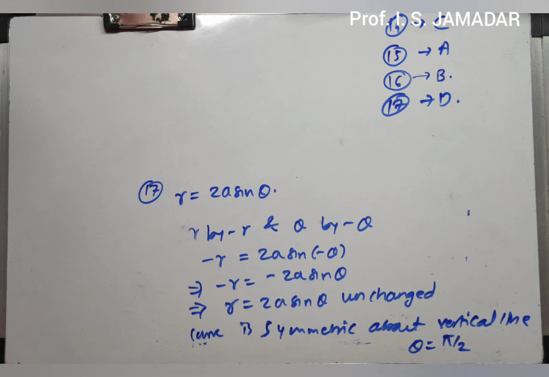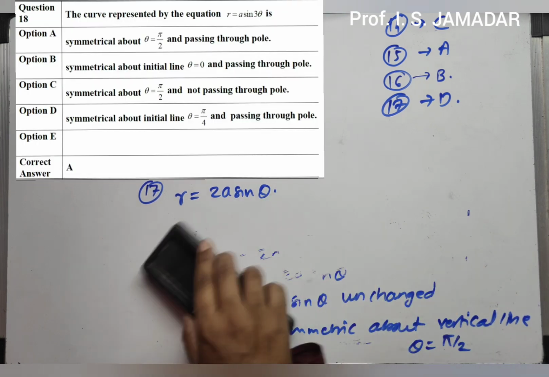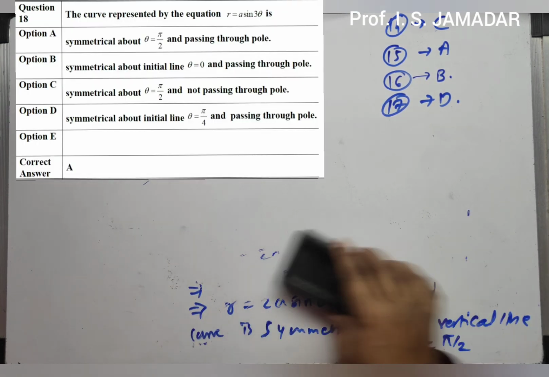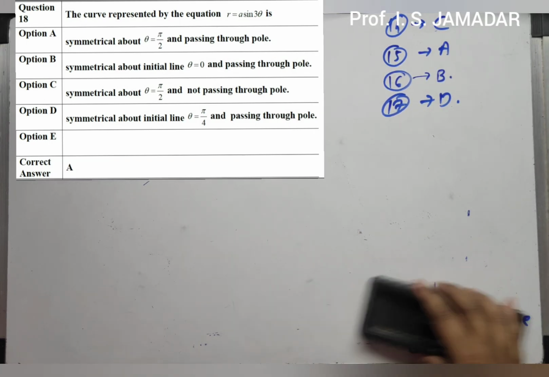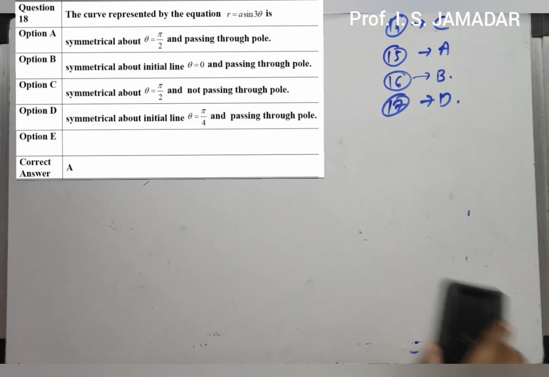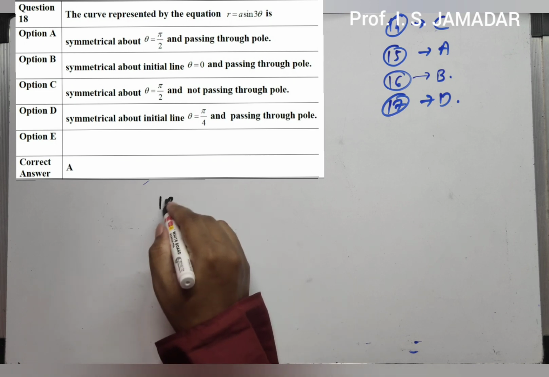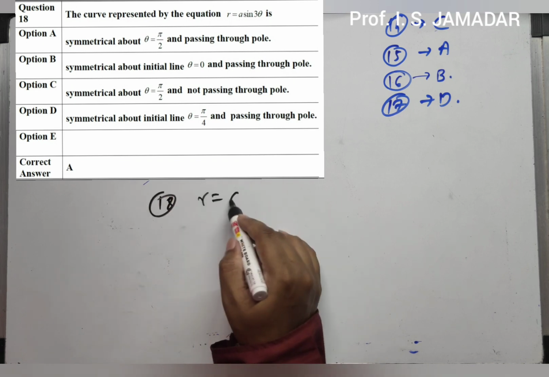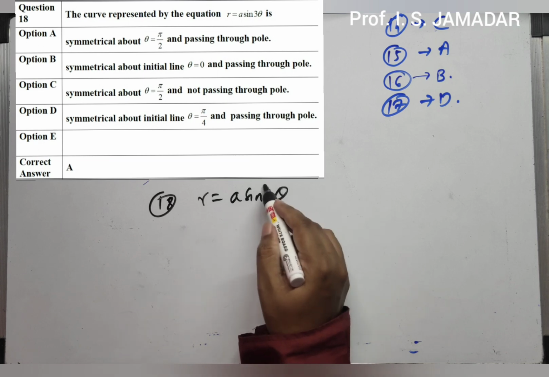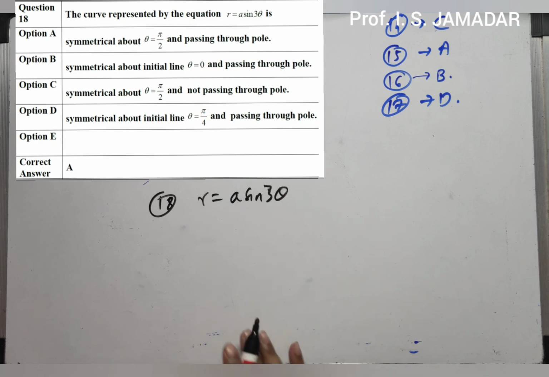Next, question number 18. Again we have a particular example similar to 17. The equation is r is equal to a sin 3 theta. So again sin is involved. This is a rose curve particularly.